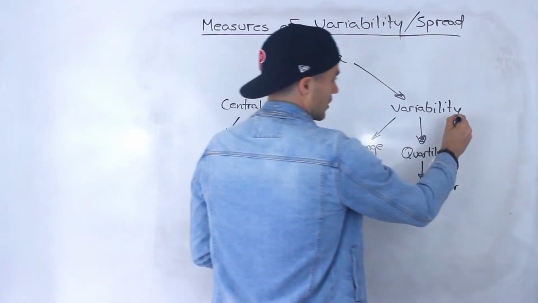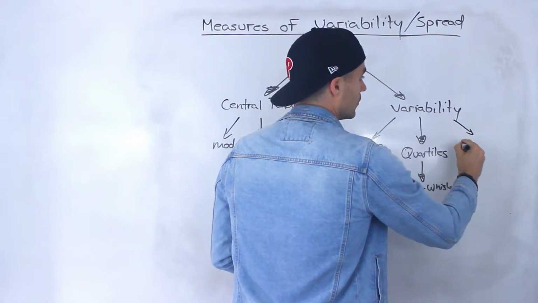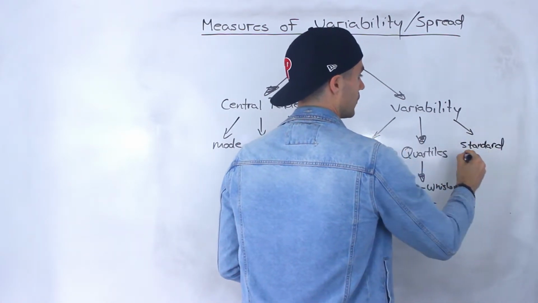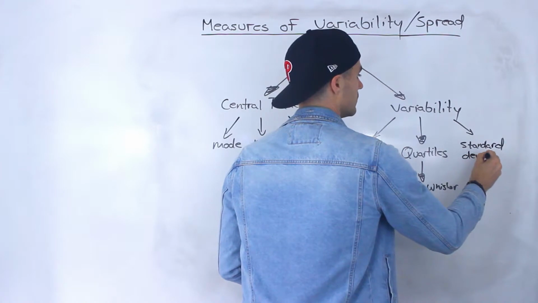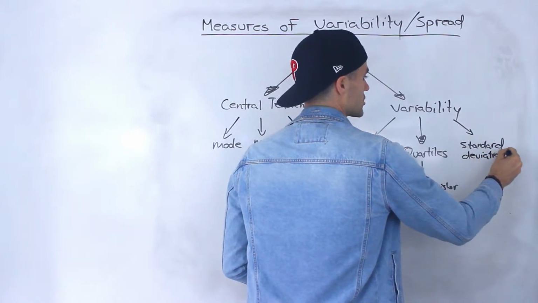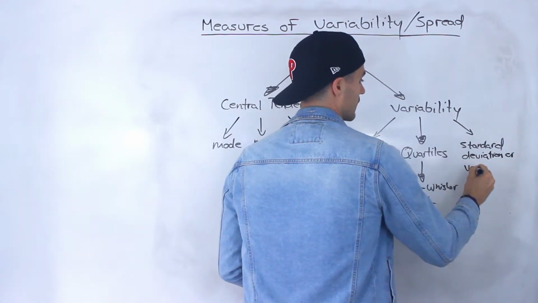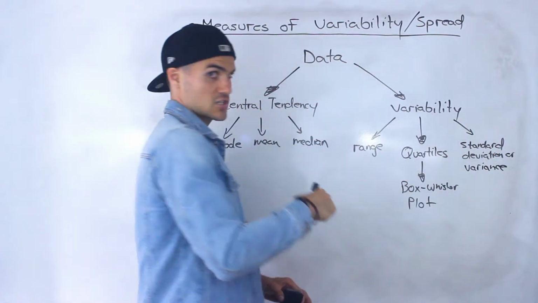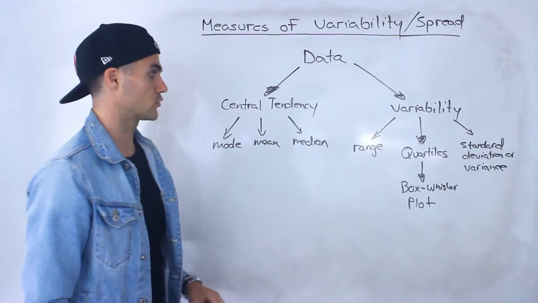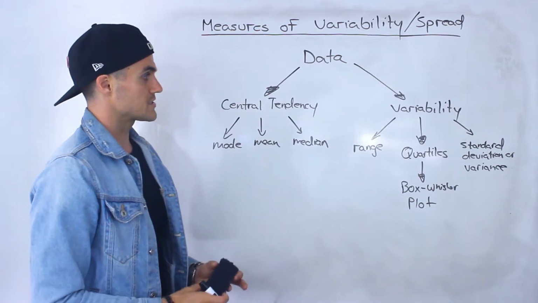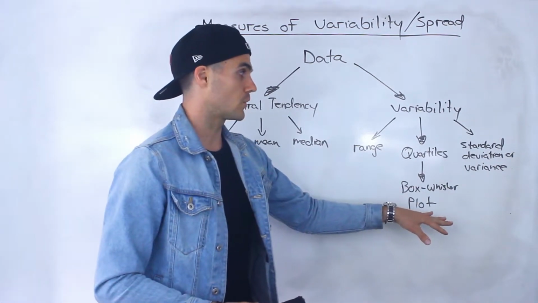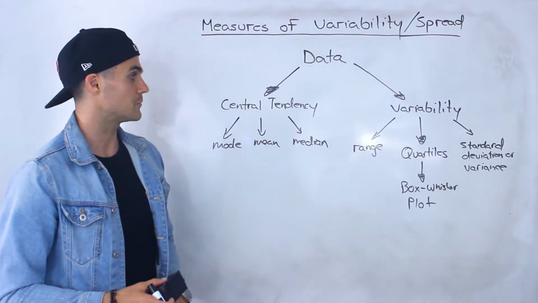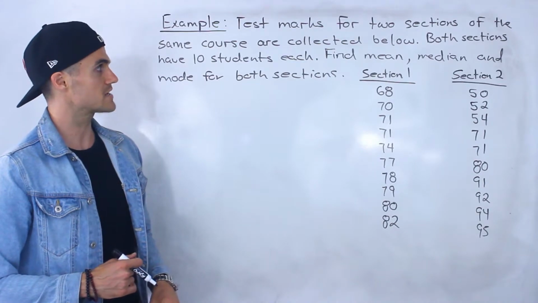Then another measure of variability that we'll go over, probably the one that requires the most algebra, is the standard deviation. Related to standard deviation is variance. The standard deviation is just the square root of the variance, so I'll group those together. These are the tools we're going to be going over in this video and the next couple of videos. So let's jump into an example.